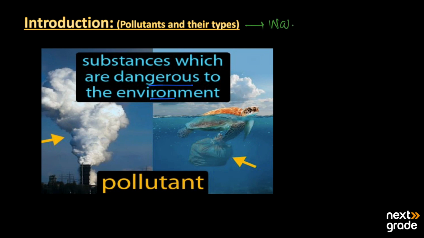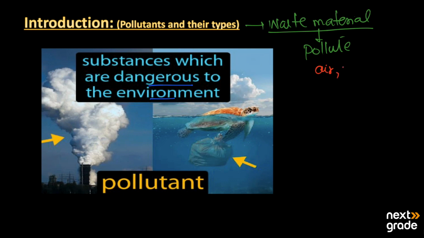Basically, all the waste material present in the environment is known as a pollutant, and that waste material can pollute the air present in our atmosphere, it can pollute the water, as well as the soil.